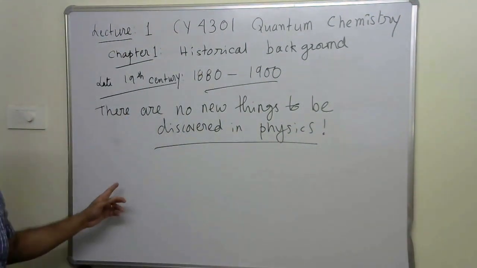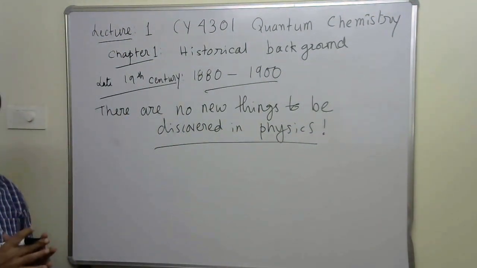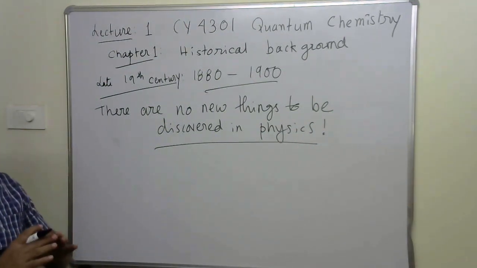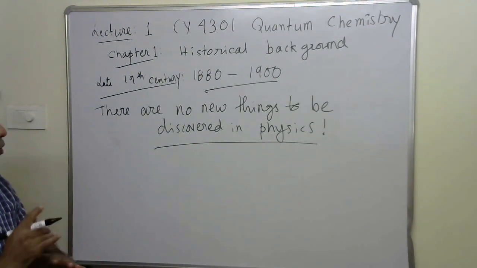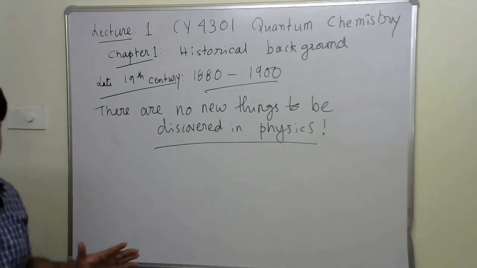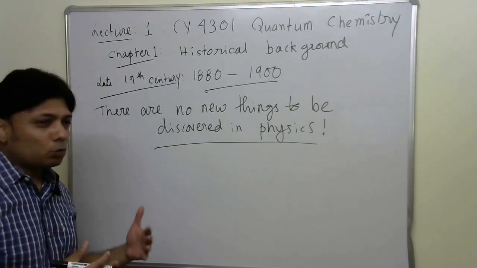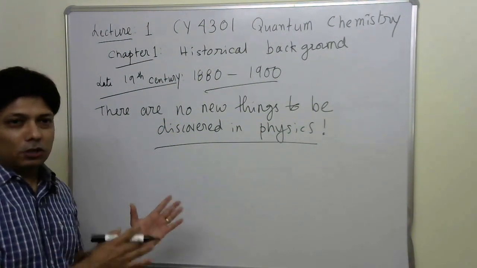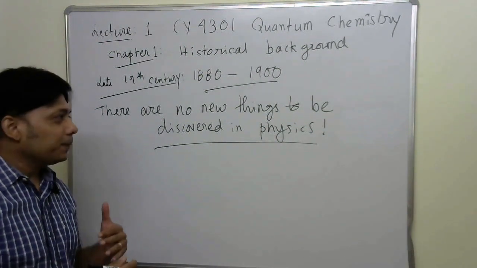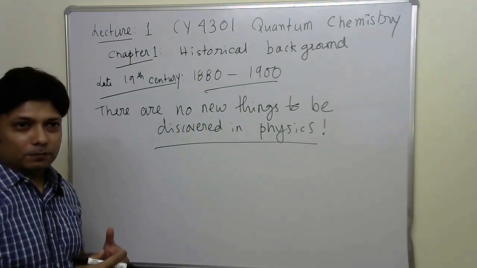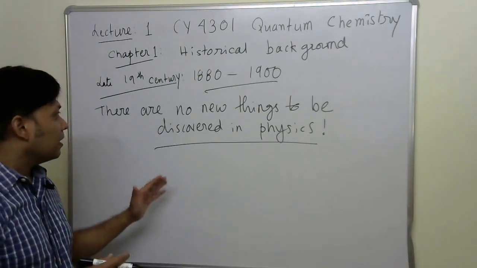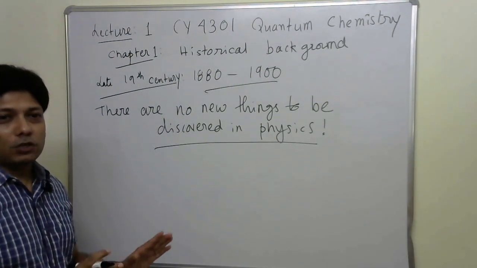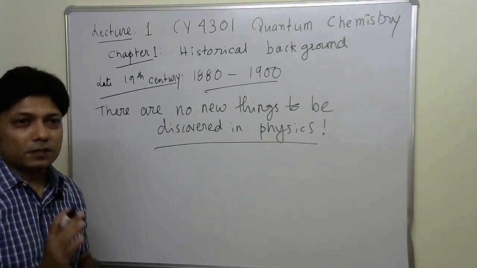Physicists believed that physics had come to a point where nothing new was to be discovered. Every new principle had been discovered already. So what were the new things to be done? Only the existing experimental procedures needed to be improved. Other than that, concept-wise, there was no new science to be discovered in physics.